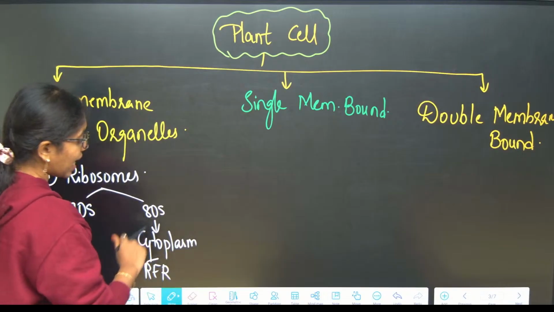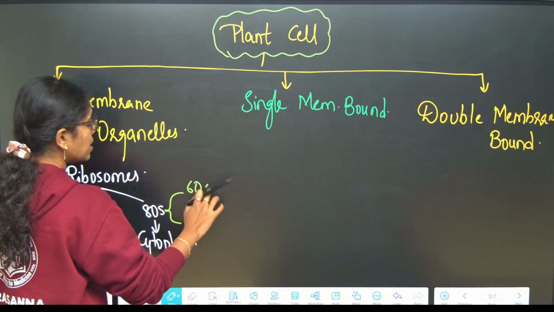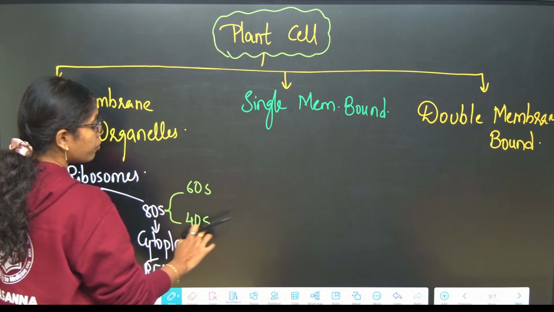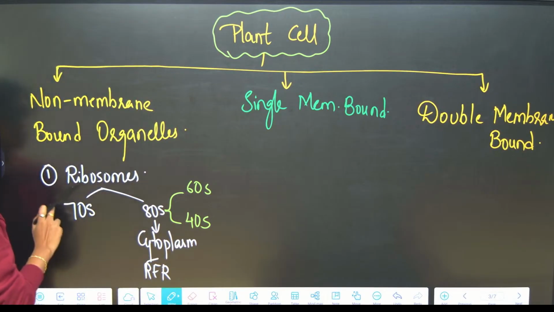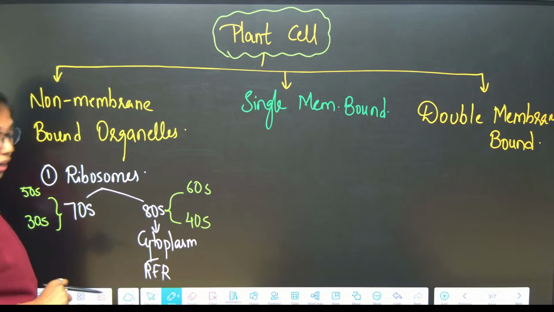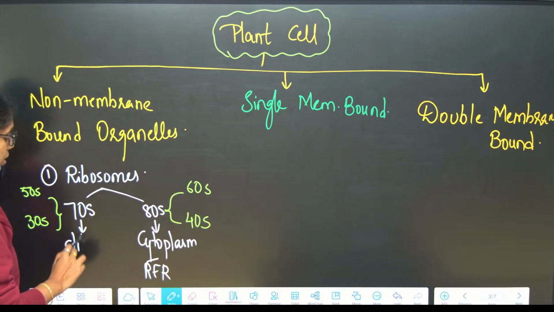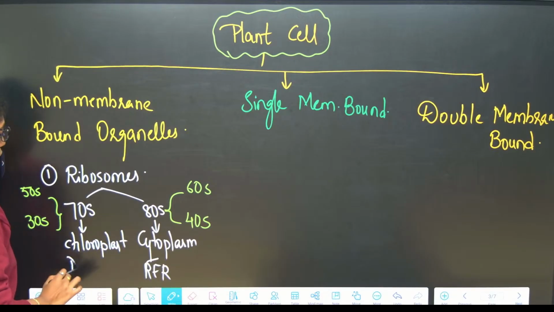These 80S ribosomes have a larger subunit of 60S and a smaller subunit of 40S. And then 70S ribosomes have a larger subunit of 50S and a smaller subunit of 30S. These ribosomes are present inside the chloroplast stroma and the mitochondrial matrix.